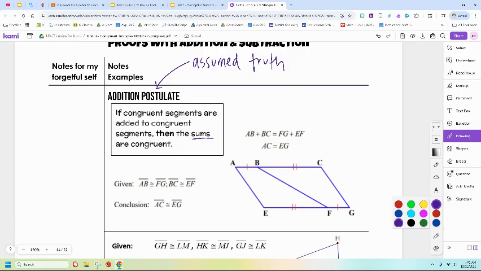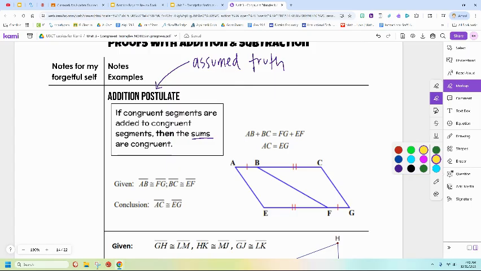If we are given that AB is congruent to FG, and we're given that BC is congruent to EF, then the conclusion that makes sense is that AC is congruent to EG. The full length of AC is congruent to the full length of EG.